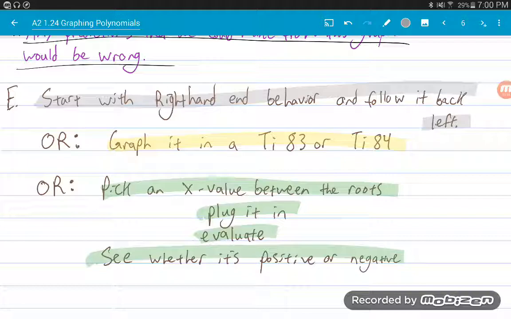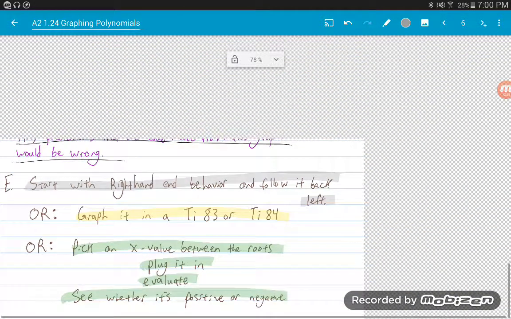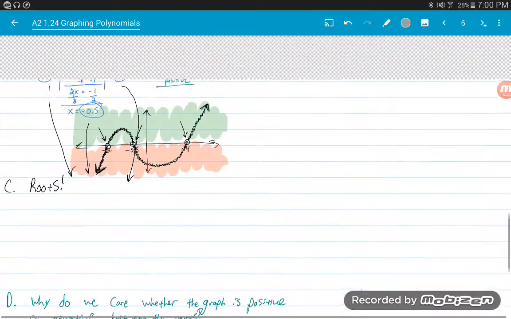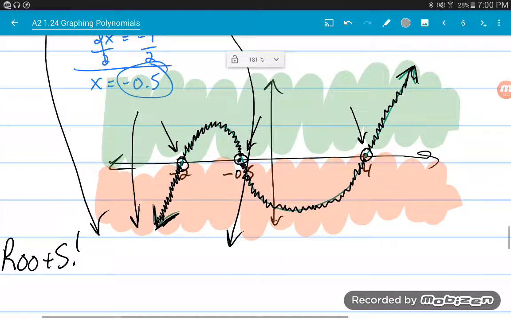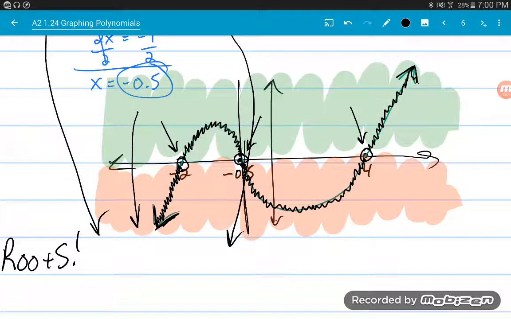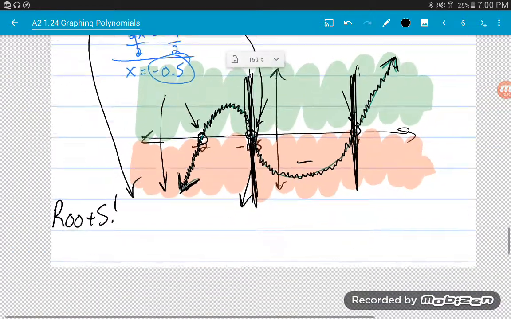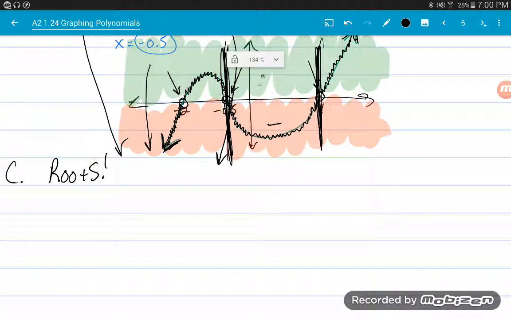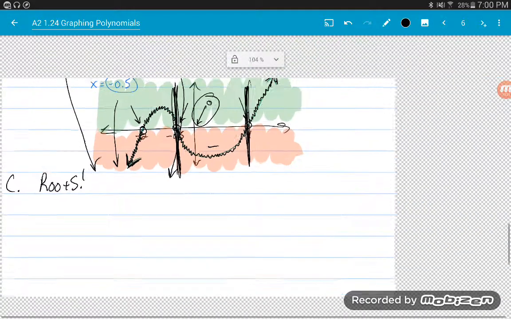I'll give you a real quick example of that. If I go back up to my earlier graph, you'll notice that in this interval between here and here, it is negative. It's negative the whole way through here. So if I wanted to pick an x value, like let's say I wanted to pick this x value, which is 0, and I wanted to plug it into the function.